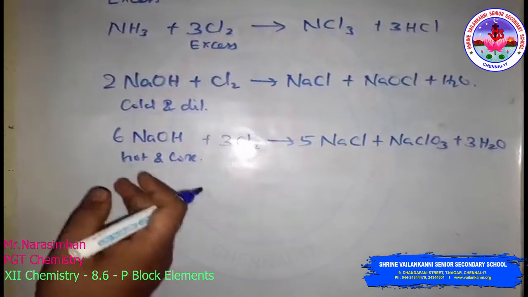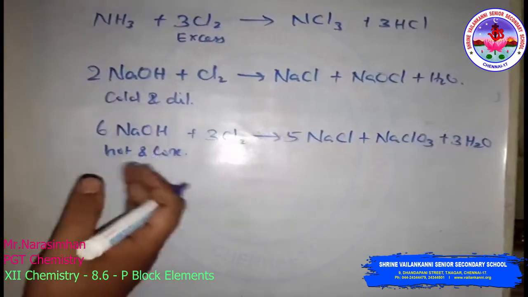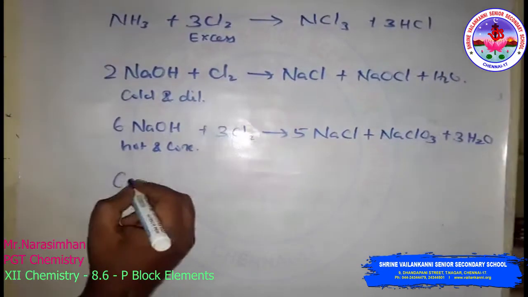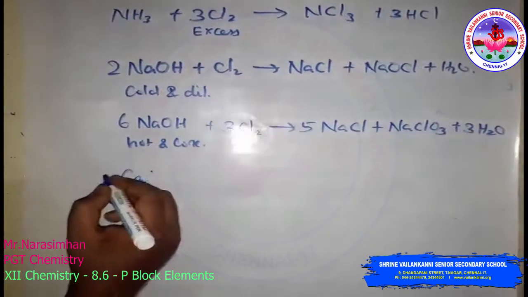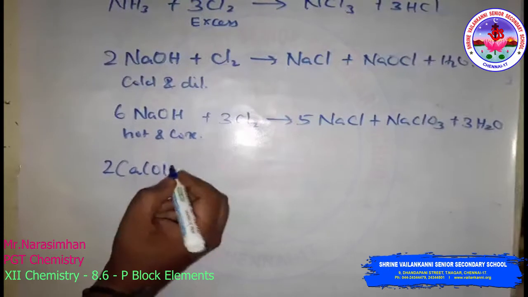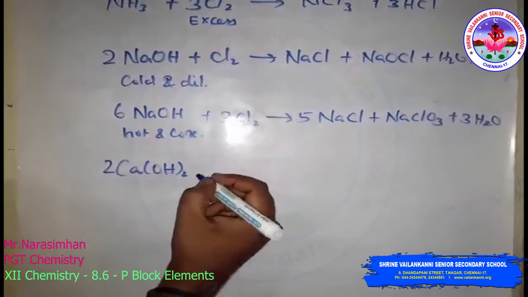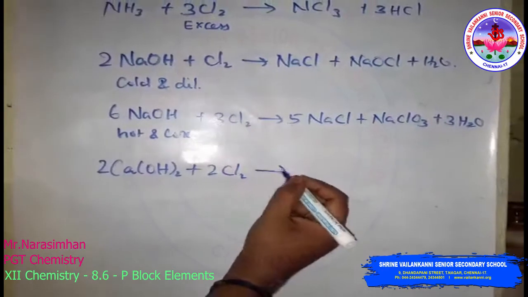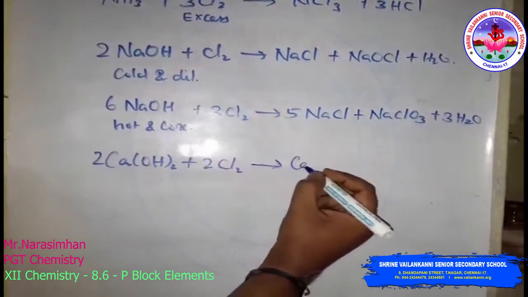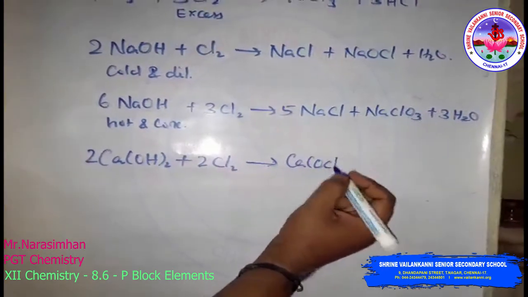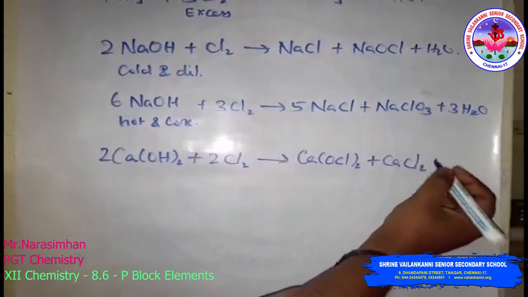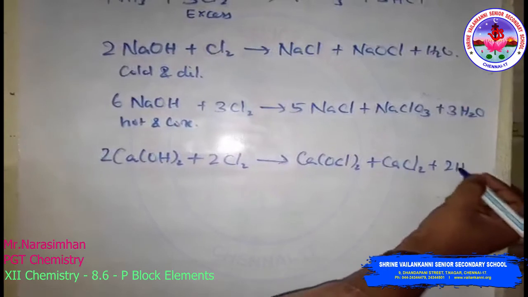With dry slaked lime it gives bleaching powder, that is calcium hypochlorite. 2 moles of calcium hydroxide, Ca(OH)2, react with chlorine to give bleaching powder, Ca(OCl)Cl, and CaCl2 calcium chloride and water molecule.